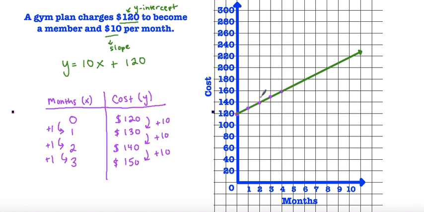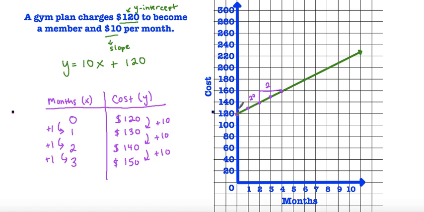But if we were to pick 2 exact coordinates, like these two, we'll notice that the rise here is $20 every 2 months. So that's $10 per month because here it shows $20 every 2 months. So that's our slope. So $20 every 2 months is the same thing as $10 per month.